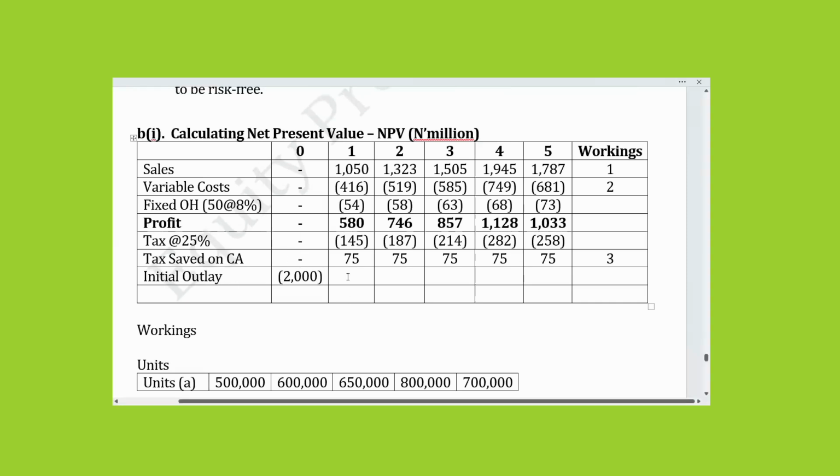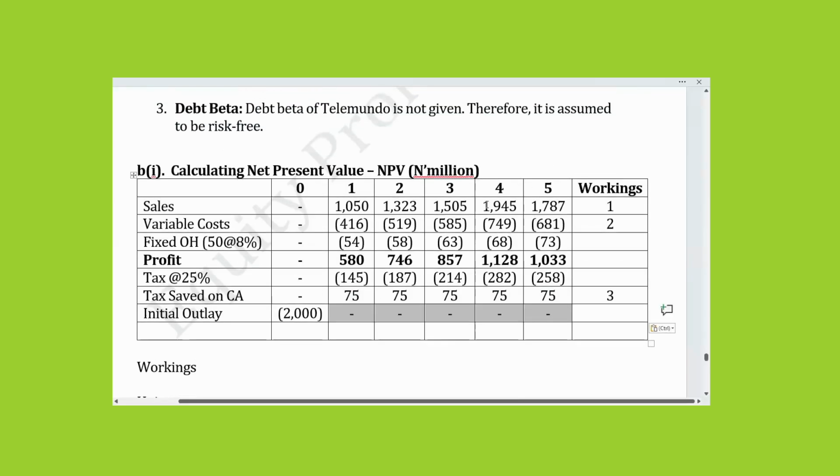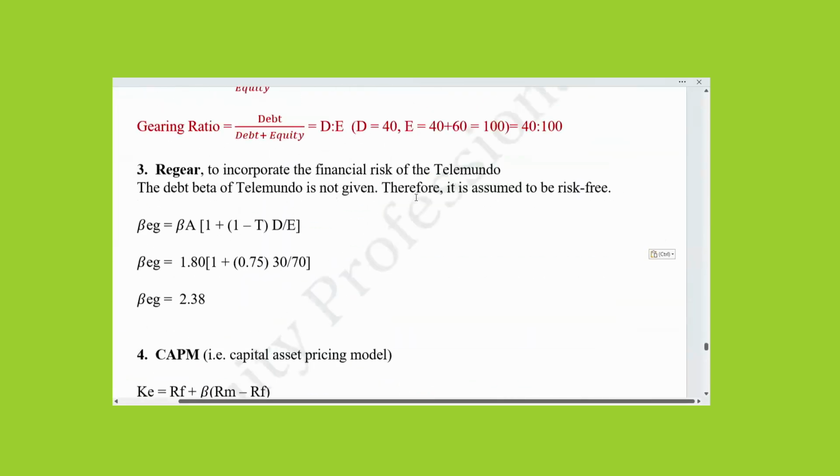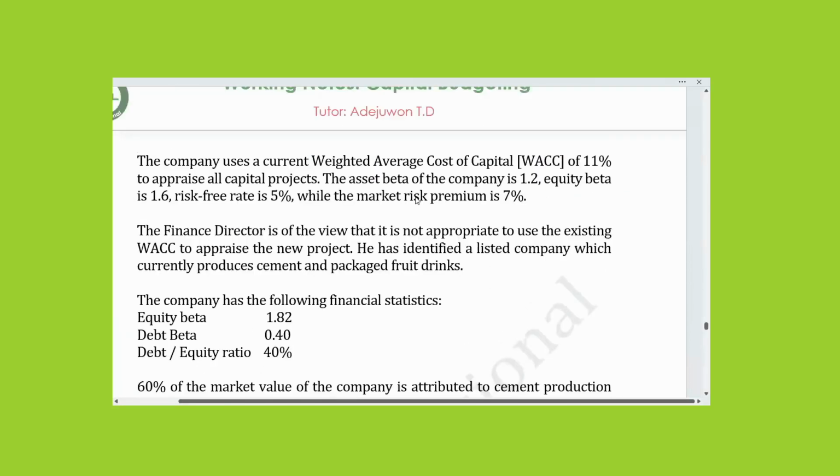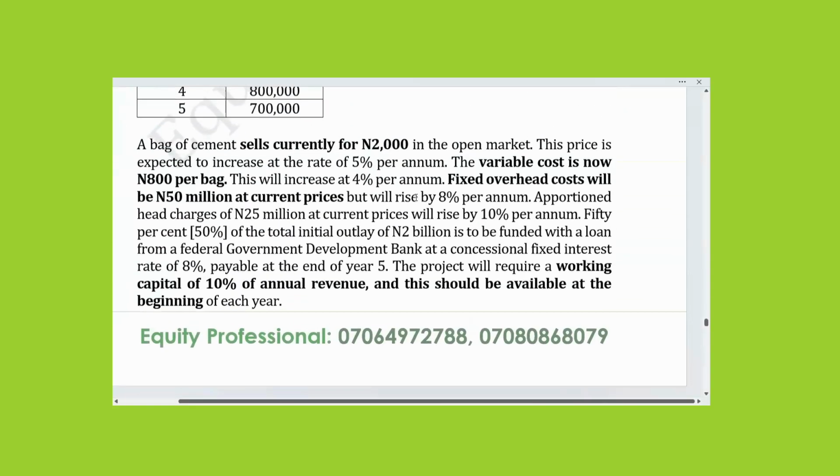After initial outlay, I will go back to the question and check if I'm given working capital. That's a format, so we are following the formats. According to the question, we are given a working capital. I think I highlighted it the other time.